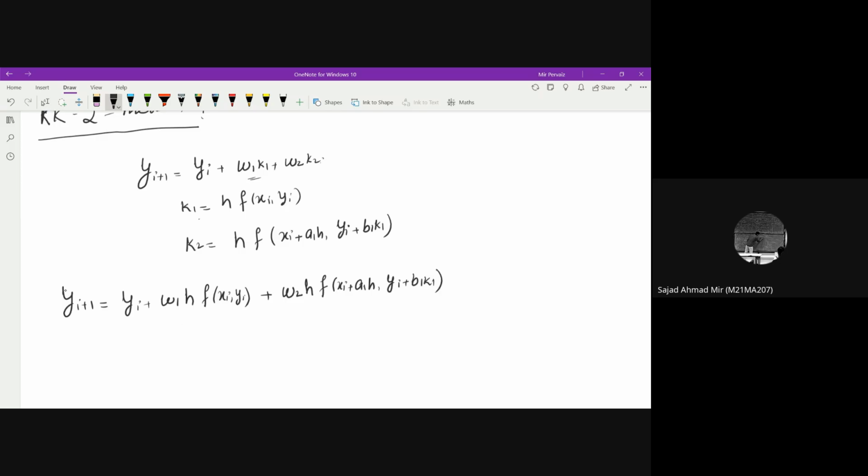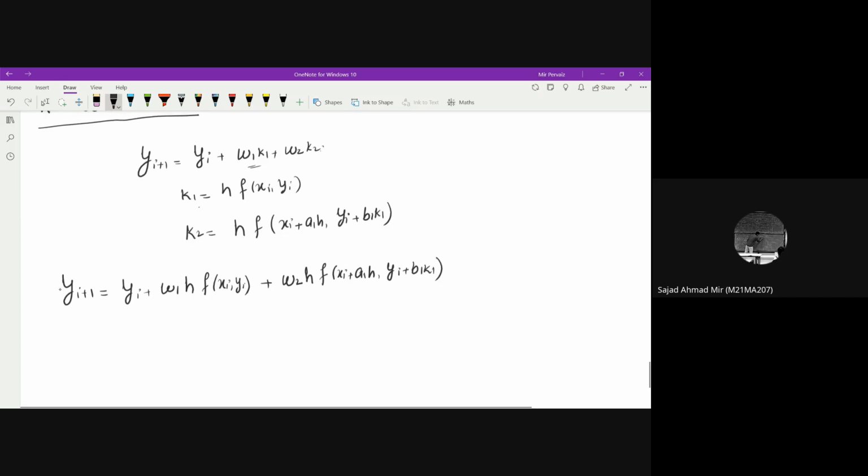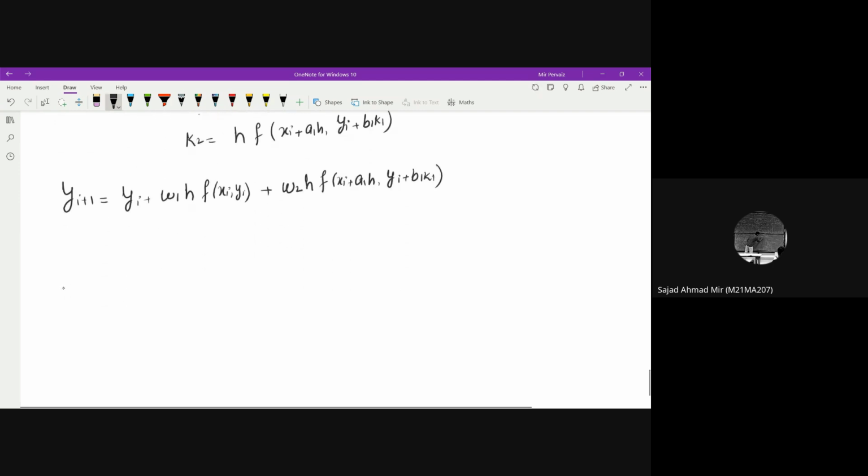So this is your general RK method scheme. Now these a1, b1 are unknown. What we are using here, we will consider the two-dimensional Taylor series approximation at this point.